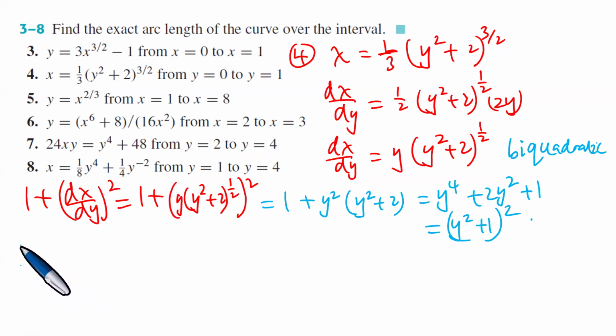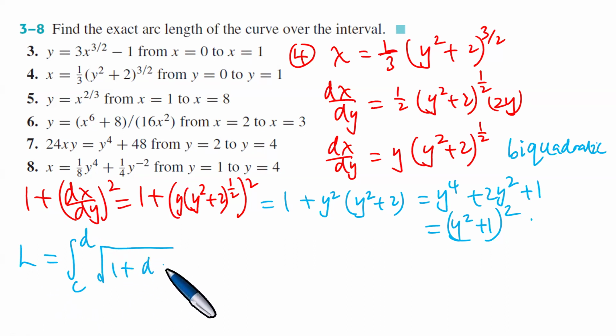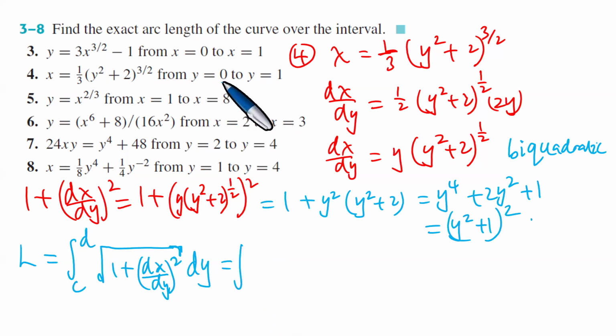So which means that the arc length, it's the integral from c to d of the square root of 1 plus dx dy, you square it, and there is a dy here. Then I use formula number 5. But the y already we know is from 0 to 1.